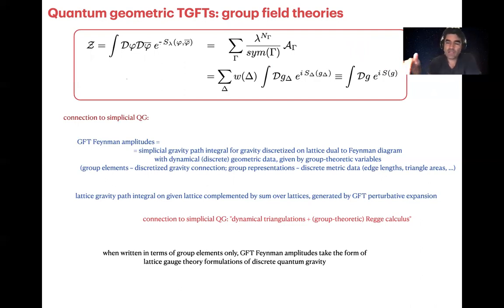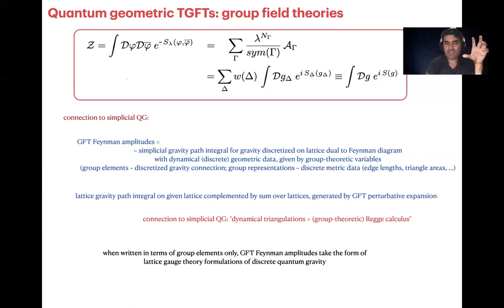But now there are on the lattice additional dynamical geometric data given by the group theoretic variables of the models. So we have, for example, the group elements have an interpretation as discrete gravity connection, and the group representations have an interpretation in terms of spectra of discrete metric data, edge lengths or triangle areas and so on.